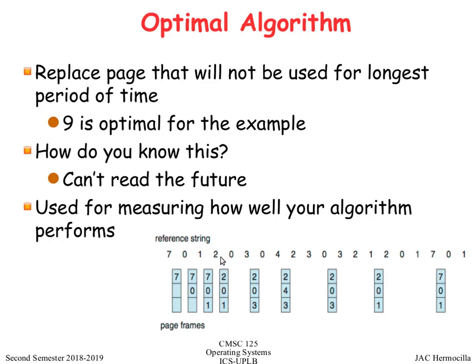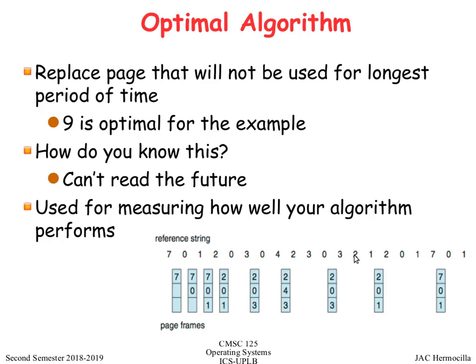So you have to go forward in the future, determine which among these 7, 0, 1 will not be used for the longest period of time. So if you scan the reference string, you will observe that 7, malayo pa siya masyado bago gamitin. Diba? So the optimal is to select 7 and place 2 there. And 0 is here. You get the idea of the optimal algorithm.